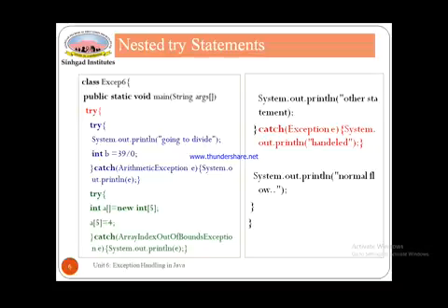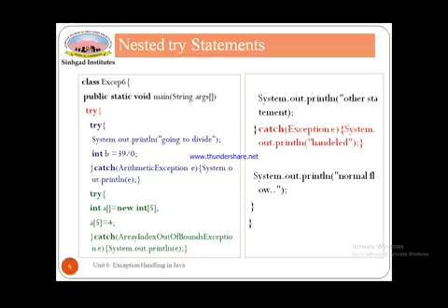Then built-in exceptions. Inside the standard package java.lang, Java defines several exception classes. Since java.lang is implicitly imported into all Java programs, most exceptions derived from RuntimeException are automatically available. They need not be included in any method's throws list.